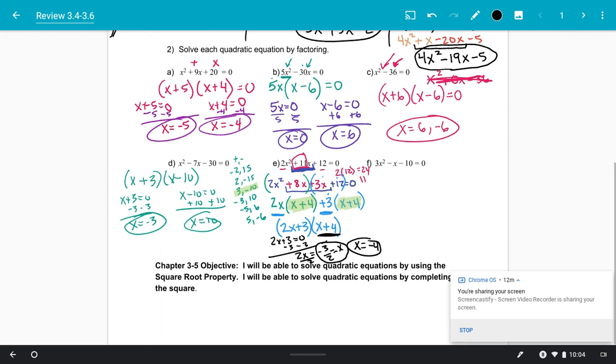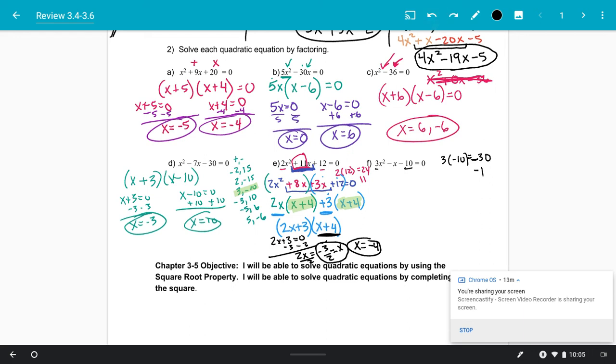All right, and then this one will be another example like that. So we have 3 terms. The coefficient, unfortunately, is not 1. So we would take 3 and negative 10, which is negative 30. And then we have a negative 1 right here.